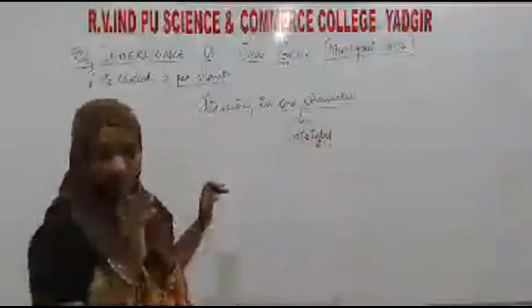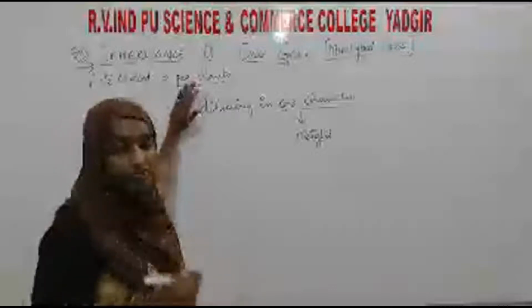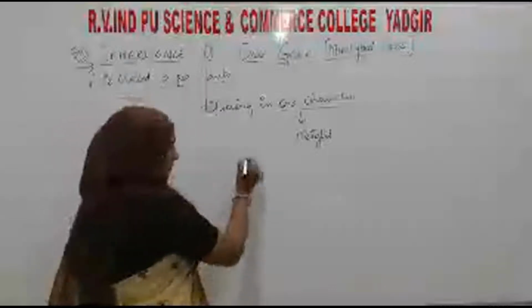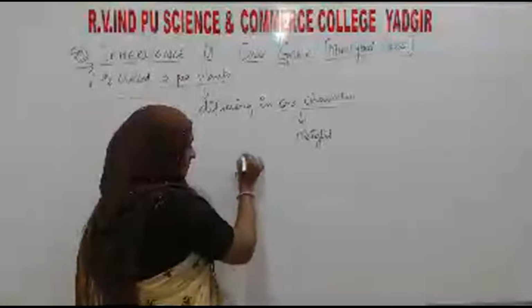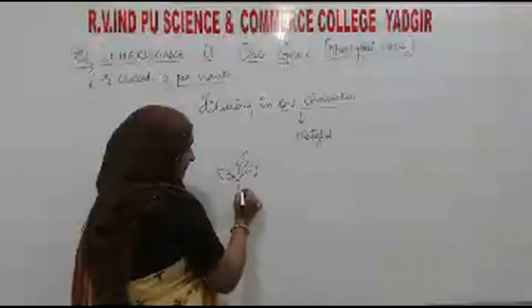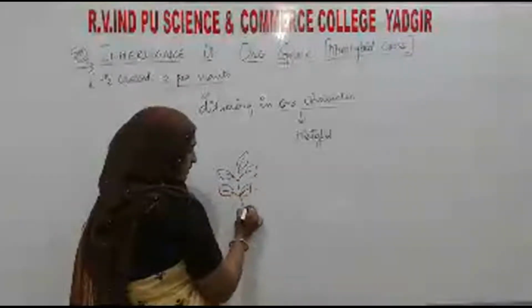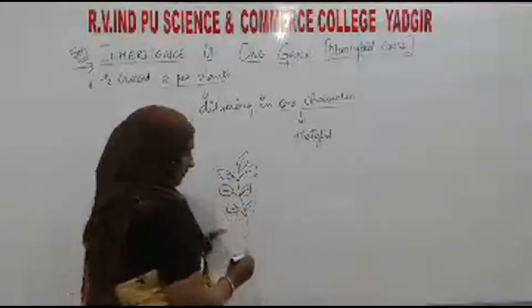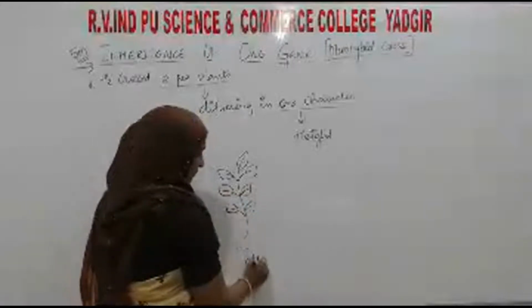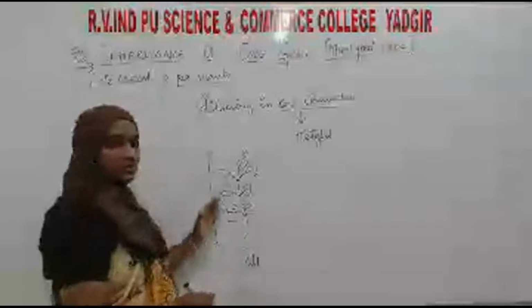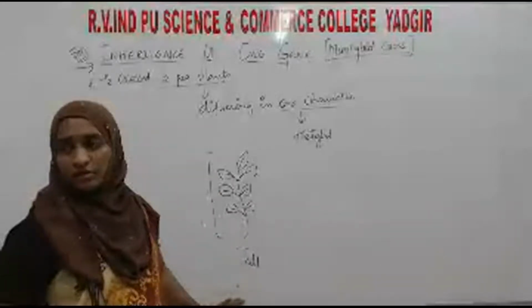Mendel, in one of his experiments, took 2 pea plants. One is tall, like this. If you see this plant's height, it's tall.